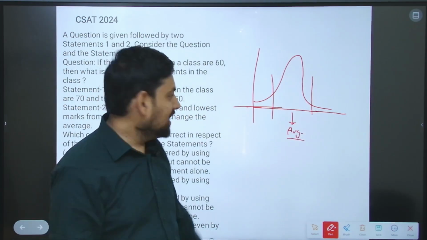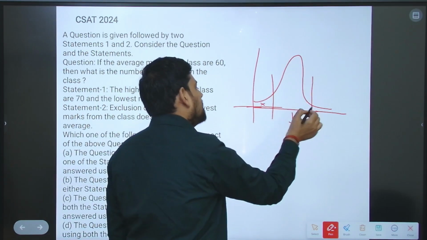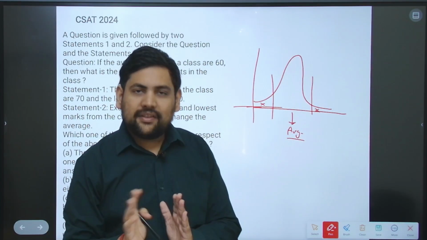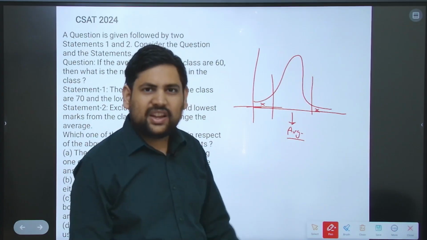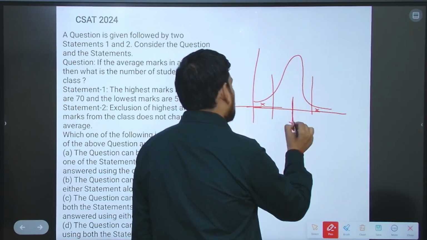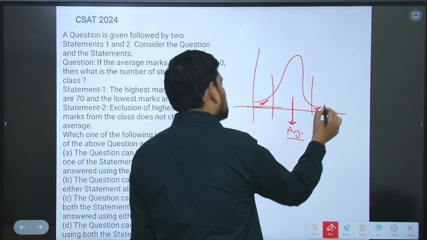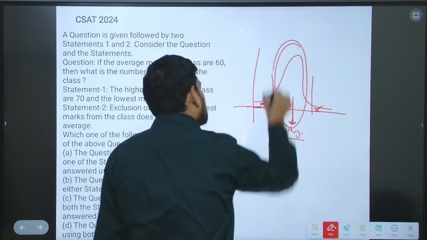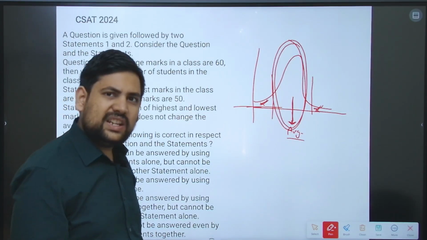Removing the very low ones and very large ones does not alter the average. So here also the average won't be affected. You cannot find the average, which is a very important quantity here, just by telling me some things about the lowest and some things about the highest. You must need something about the large majority of people, which is around the average, not the highest and lowest.